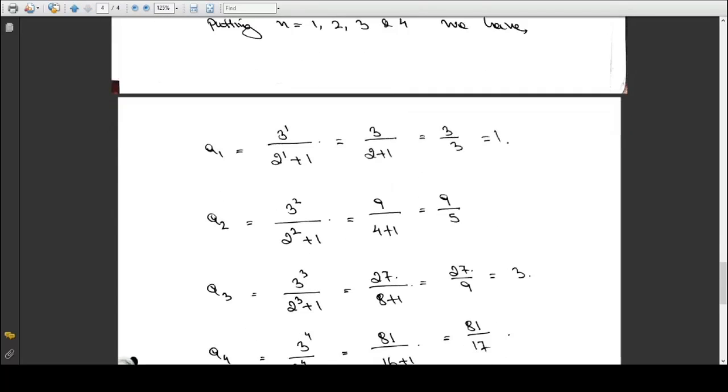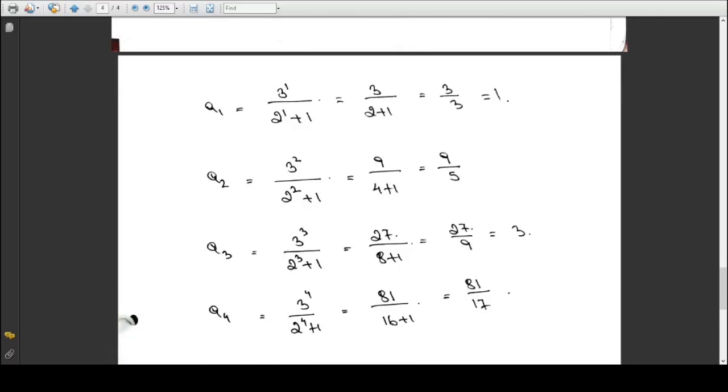The third term, putting n as 3, you have 3 to the power 3 divided by 2 to the power 3 plus 1. 3 power 3 is 27: 3 times 3 is 9, 9 times 3 is 27. 2 cubed is 8, plus 1 is 9. It is 27 by 9. If you divide 27 by 9, you get 3. That means the third term is 3.